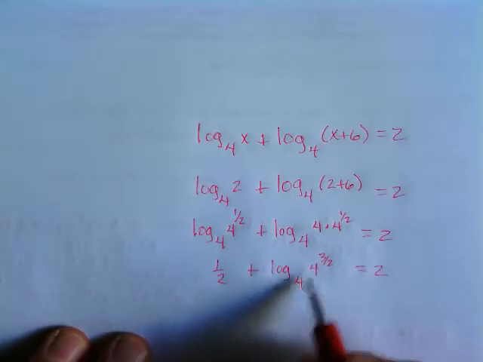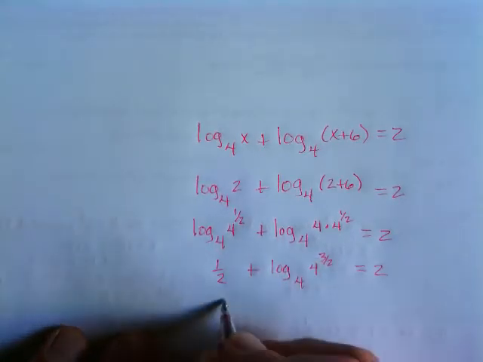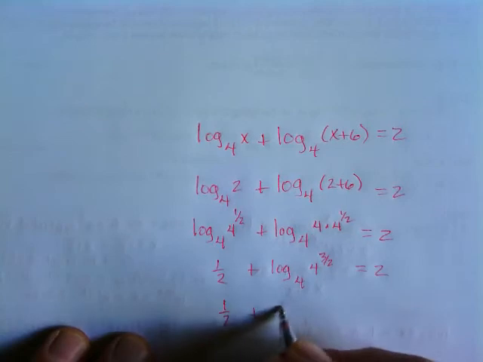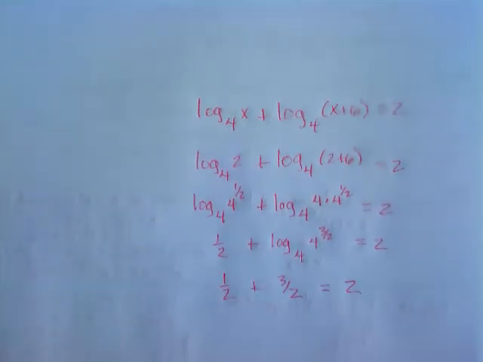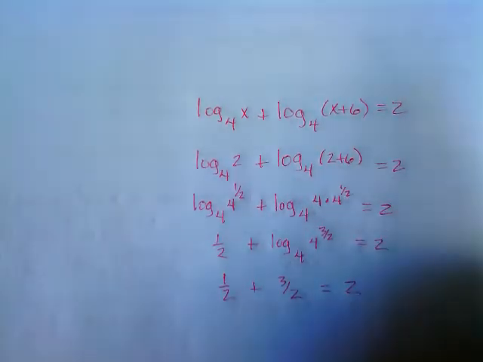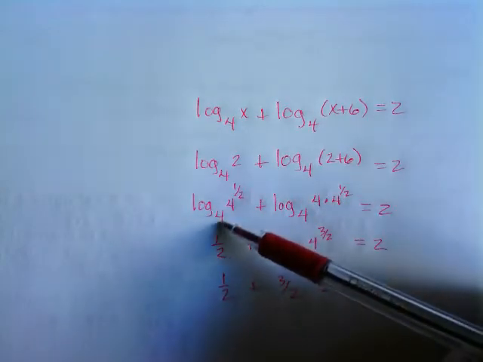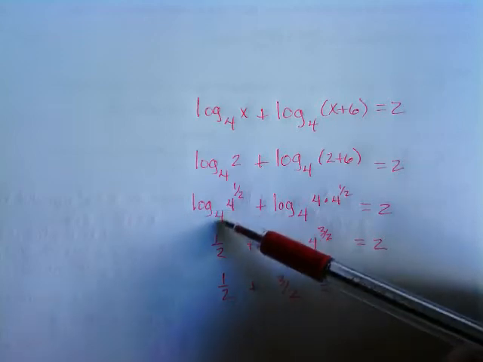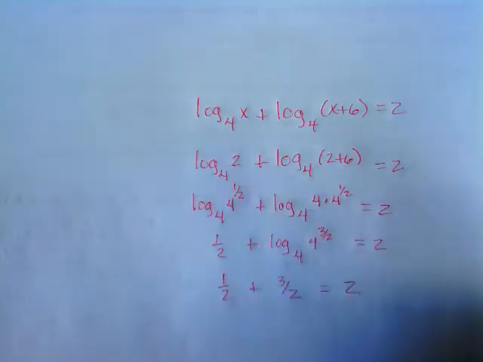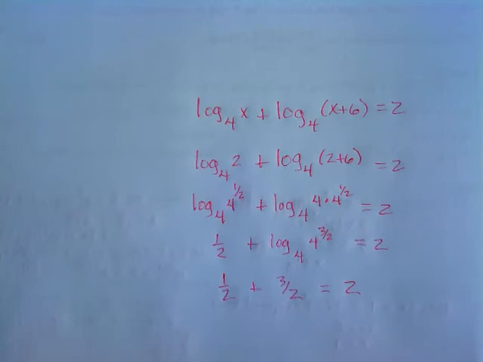And again, 4 and 4, so it's just the exponent, 1/2 plus 3/2, and that, of course, is 2. So plugging in the number, you're not required to do that, but you can see that, in fact, it does give you the right answer. Not to mention, it also shows you one of the log rules, that if the base and the value of what you're taking the log of match, then whatever is the exponent is what that can be simplified to.